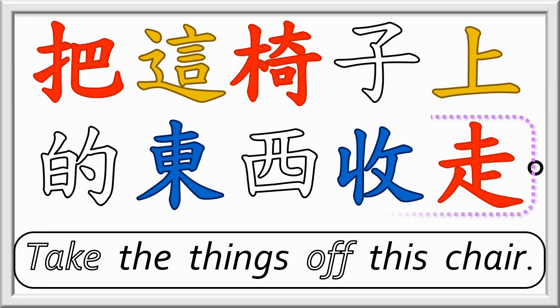One expression to say take something away is 收走。把这椅子上的东西收走 Take the things off this chair.